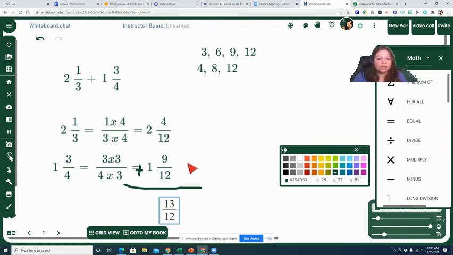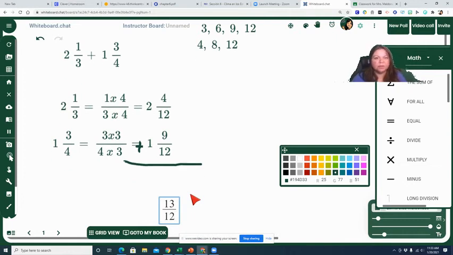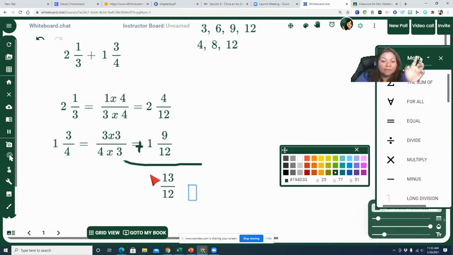I didn't think this was going to come up in this chapter or lesson, but here's something we need to know. 13 is bigger than the denominator. That means this is a fraction bigger than 1, so I am going to have to regroup. If I just add it right now, 2 plus 1 is 3, and 4 plus 9 is 13 over 12.